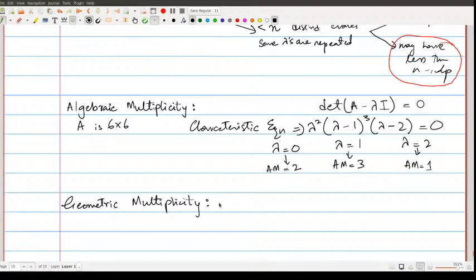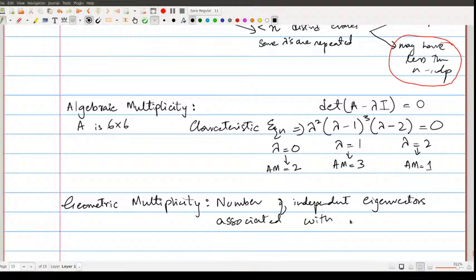The second notion is geometric multiplicity. The geometric multiplicity of an eigenvalue is the number of independent eigenvectors associated with lambda.